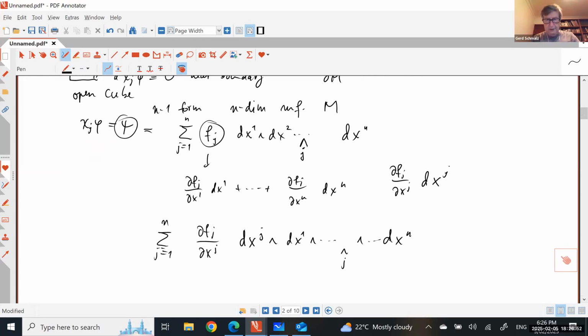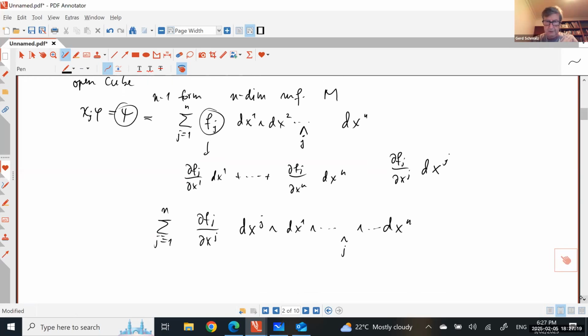If I would put the dxj in its right place, then I have to multiply with -1 to the power j minus 1, because I would need to make j minus 1 swappings to get it in the right place. So I'm not doing that.